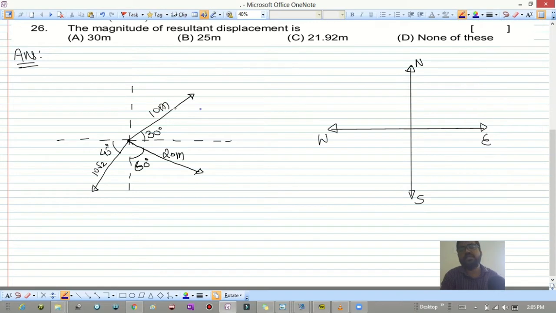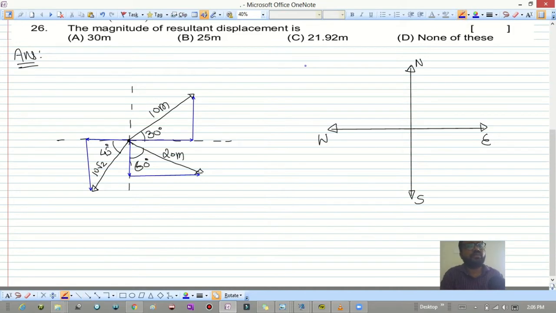So firstly take the x and y component. So we have x component of 10 meter is in this way, y component of 10 meter is in this way, x component of 20 meter is in this way, and the y component is in this way. Likewise, the x component of 10 root 2 is in this way and the y component is in this way.